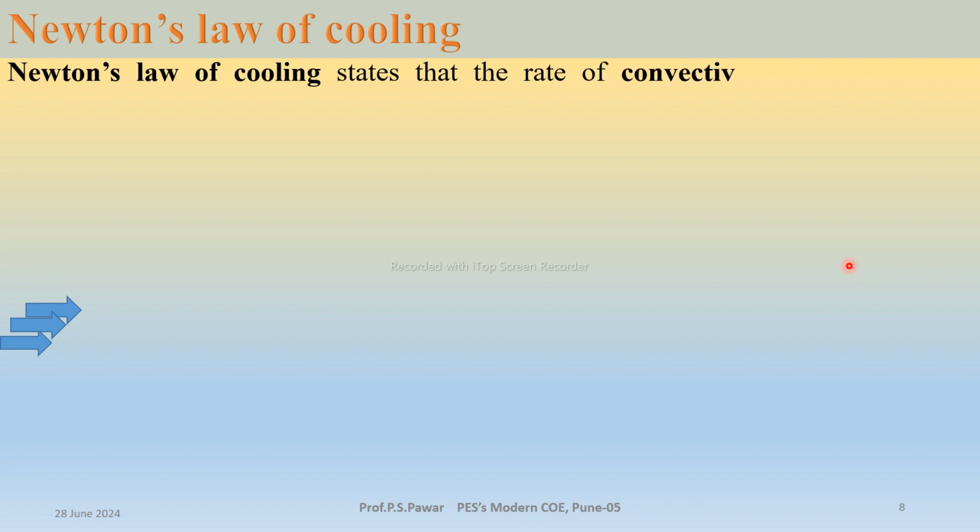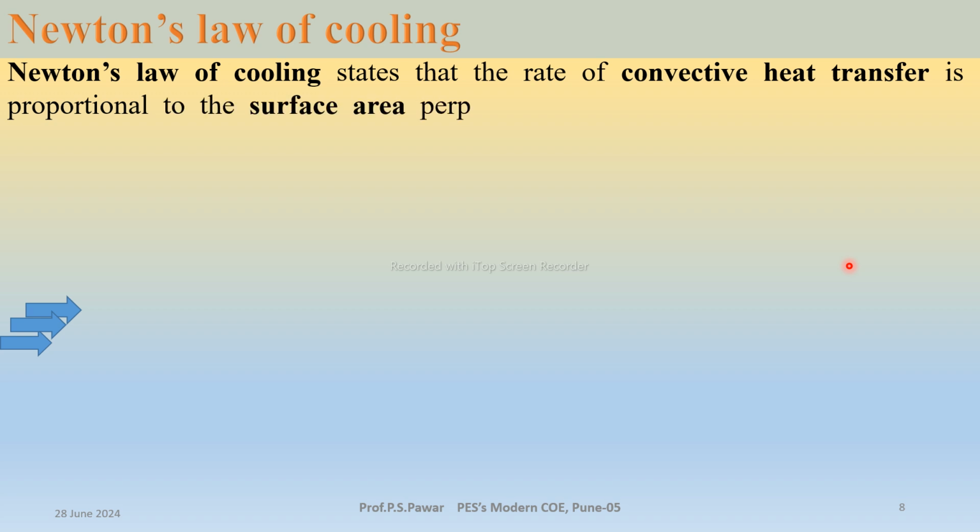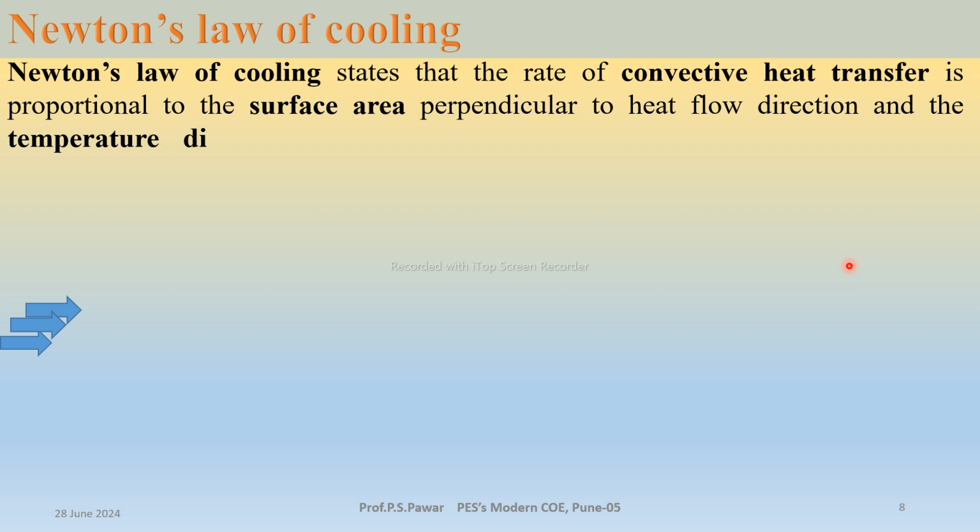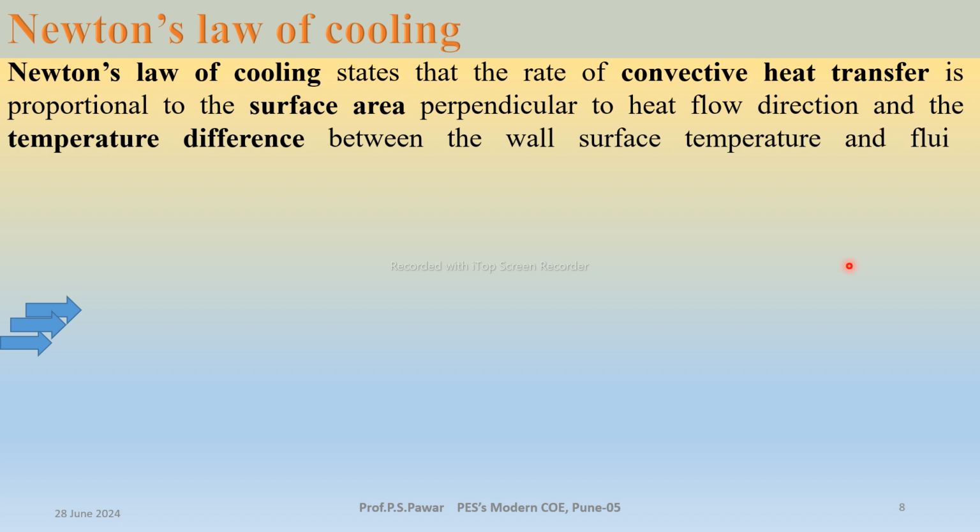So Newton's law of cooling states that convective heat transfer is proportional to the surface area perpendicular to that heat flow direction and the temperature difference of the plane wall surface and surrounding fluid temperature which is in contact with that surface.